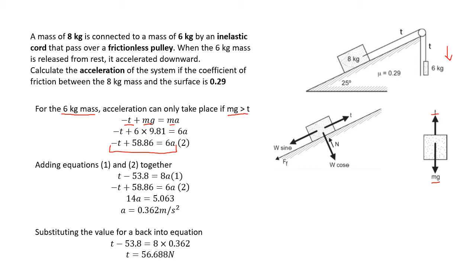So we add equations 1 and 2 together and simplify it. Tension minus tension cancels, so there's only one variable left, which is a, and we solve for a here: 0.362 meter per second square. And if you substitute it back into one of these equations, you would get the value of tension.